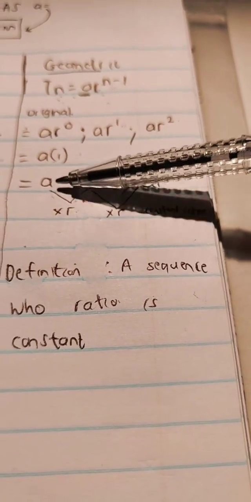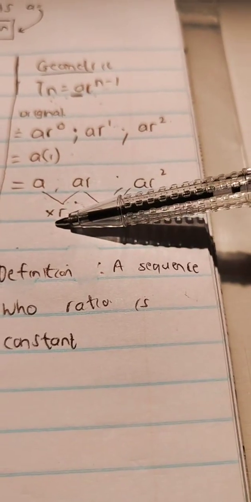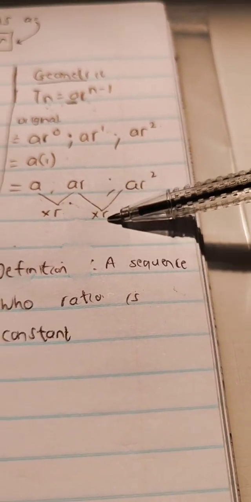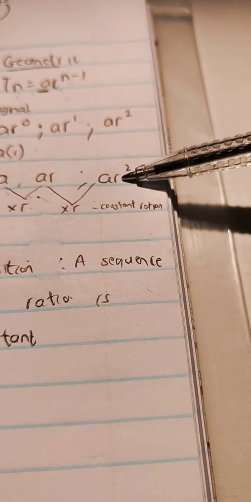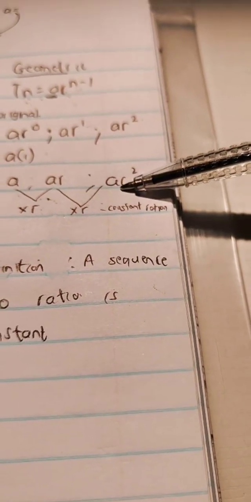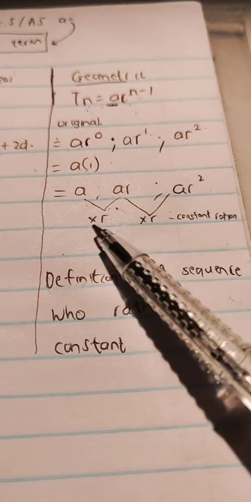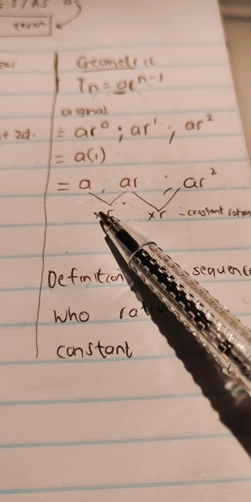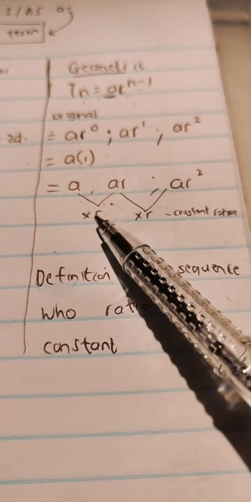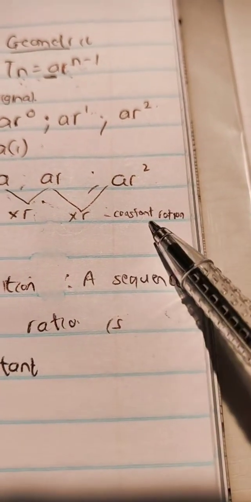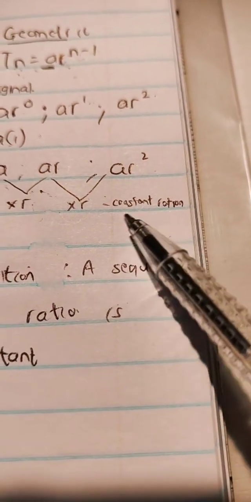We took term 1, multiplied by the constant ratio, we get term 2. We take term 2, multiplied by the constant ratio, we get term 3. We take term 3, multiplied by the constant ratio, we get term 4, and so it goes. So this here is not x, it is multiply. We multiply by R throughout. That is what we call the constant ratio.